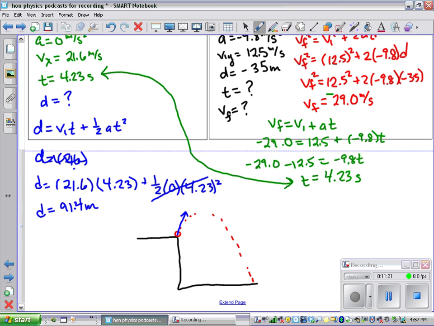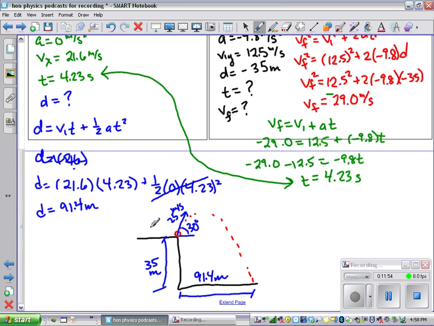This was 25 meters per second. This angle here was 30. Well, it looks like a lot more in my picture. So this 91.4 meters is right here. We already knew that this was 35, right here.